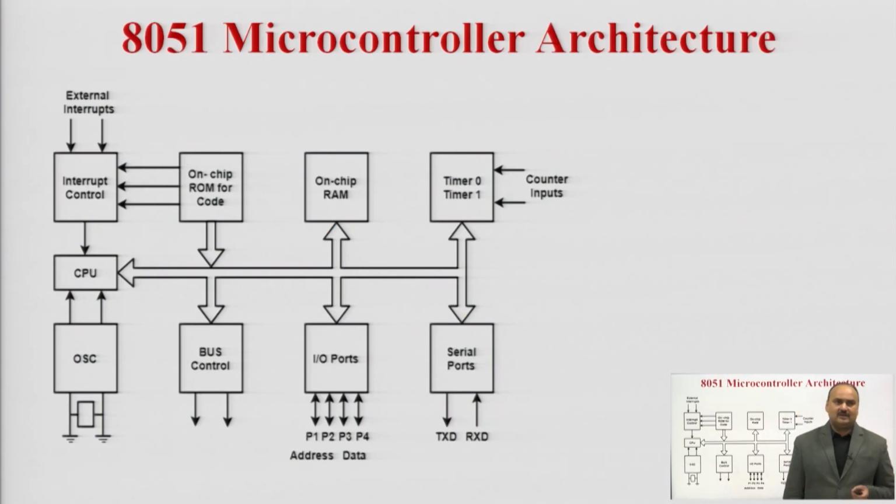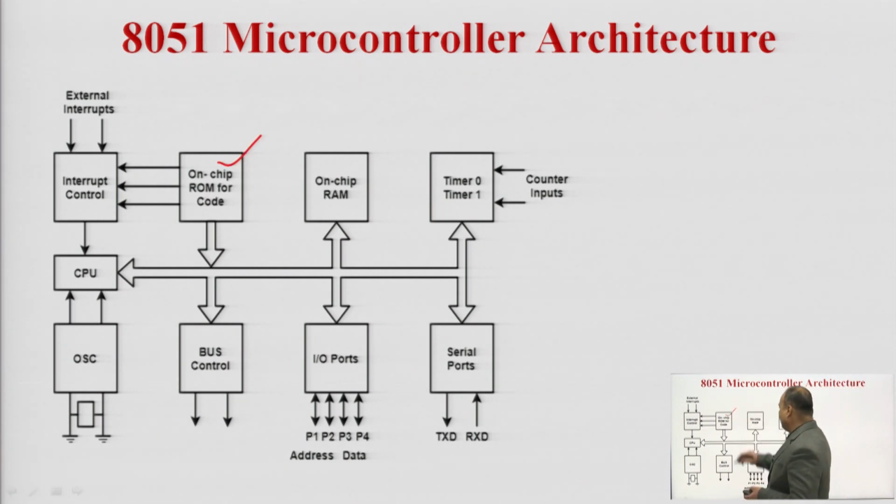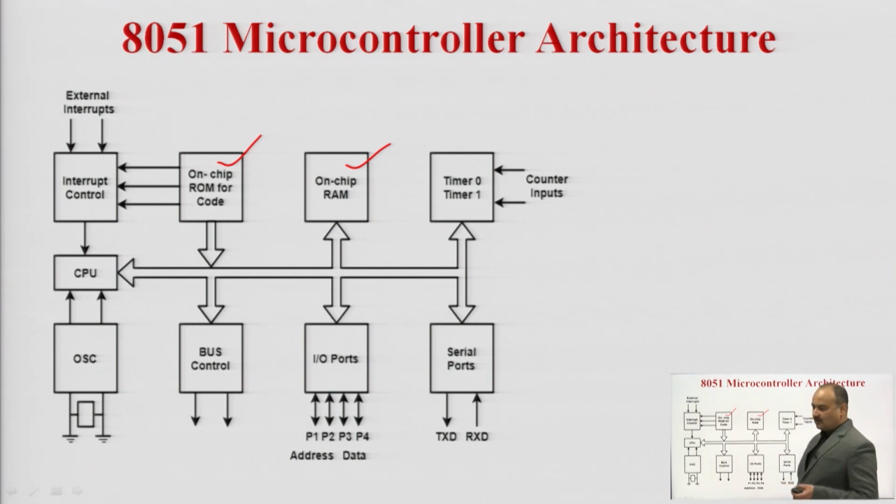Next, see the block diagram, the architecture of the 8051 microcontroller. In this architecture we have the peripheral devices inside the microcontroller. These are the memory devices: the on chip read only memory, which is used to store the code, and the on chip random access memory, as already discussed in the previous slide.